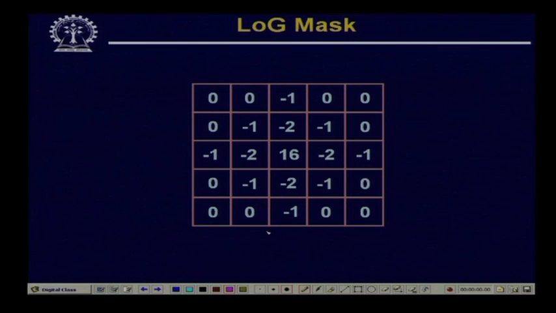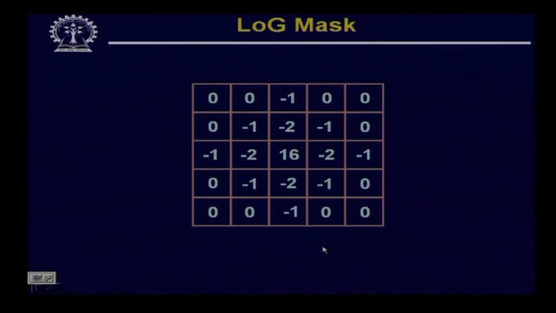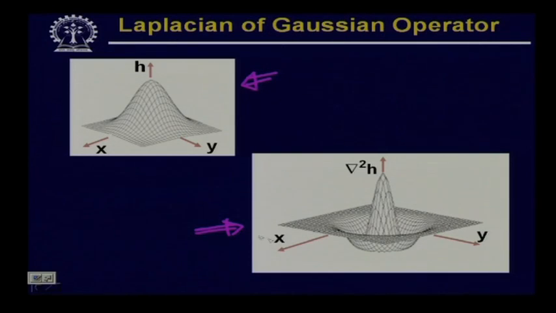And if you compare this with the Laplacian of Gaussian expression and the surface, you find that at x equal to 0, the Laplacian of Gaussian is positive, then it comes to negative, maximum negative, then tries to move towards a value 0.